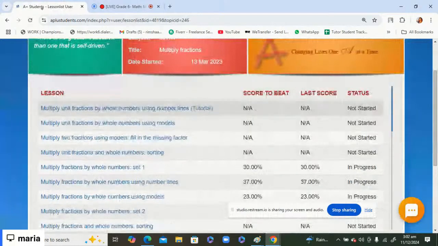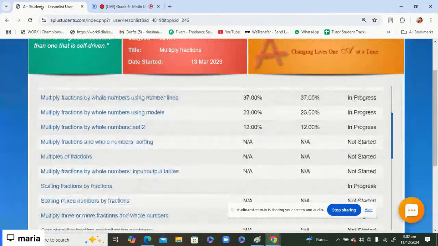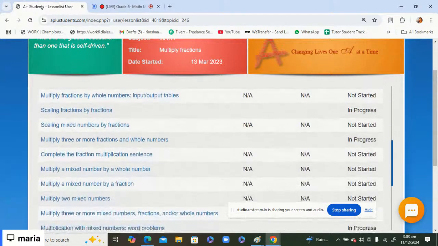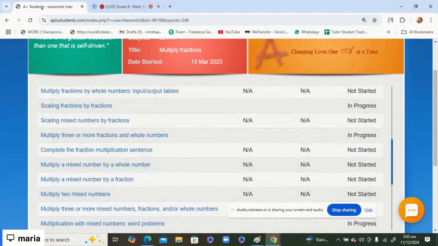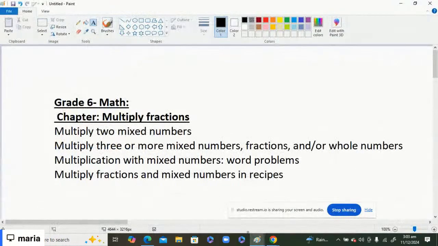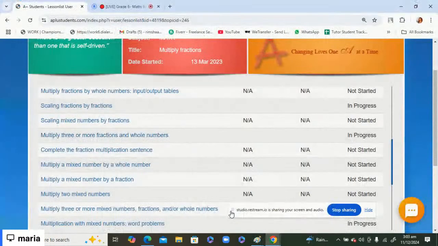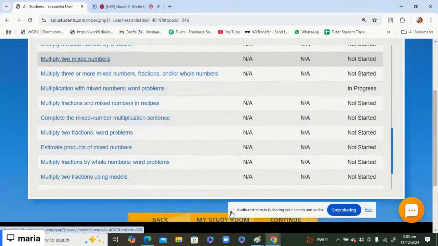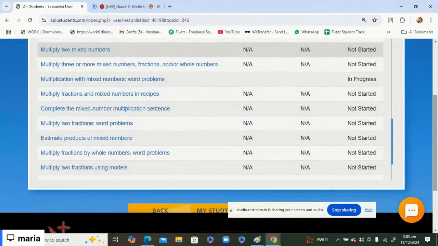And then the lesson we discuss today is here: multiply two mixed numbers. Okay, so let's get started.